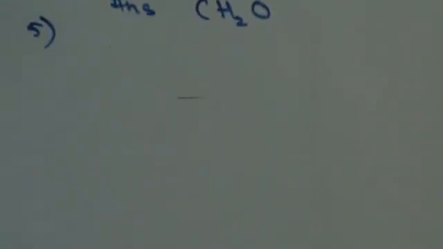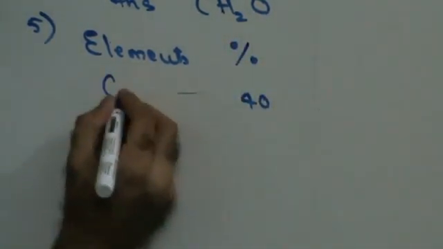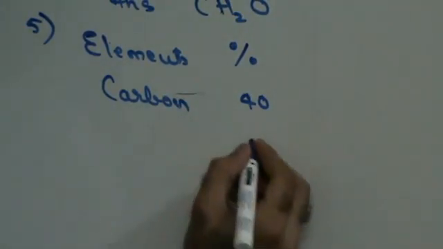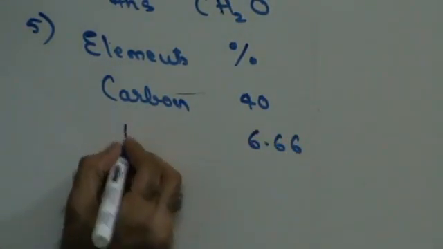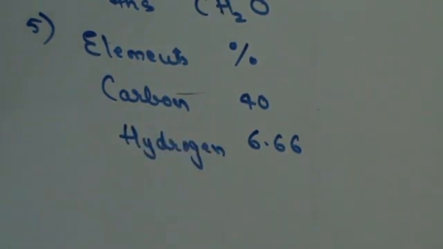Next, an organic compound contains 40% carbon, 6.66% hydrogen, and its molecular weight is 180.